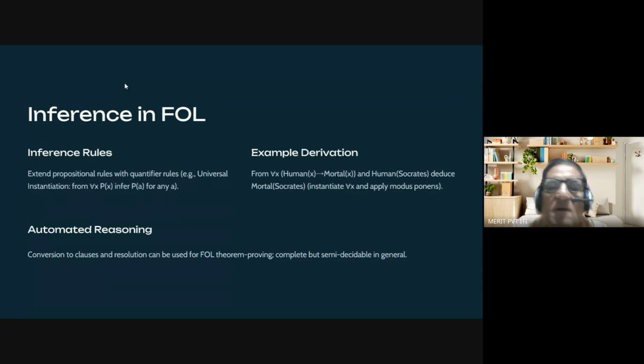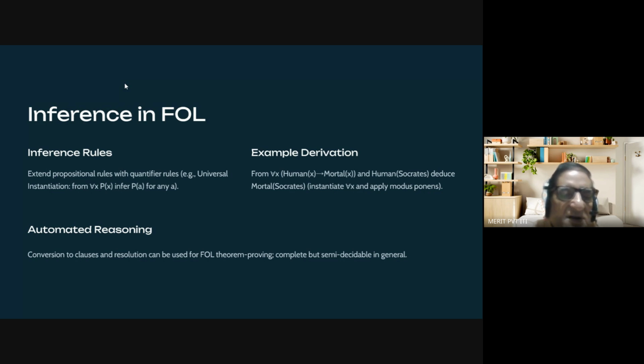So that means Socrates is also mortal, because for all x, human x is mortal x. They are all mortal, and Socrates is human, so deduce mortal(Socrates). So that means Socrates is also mortal. So this is automatic reasoning.